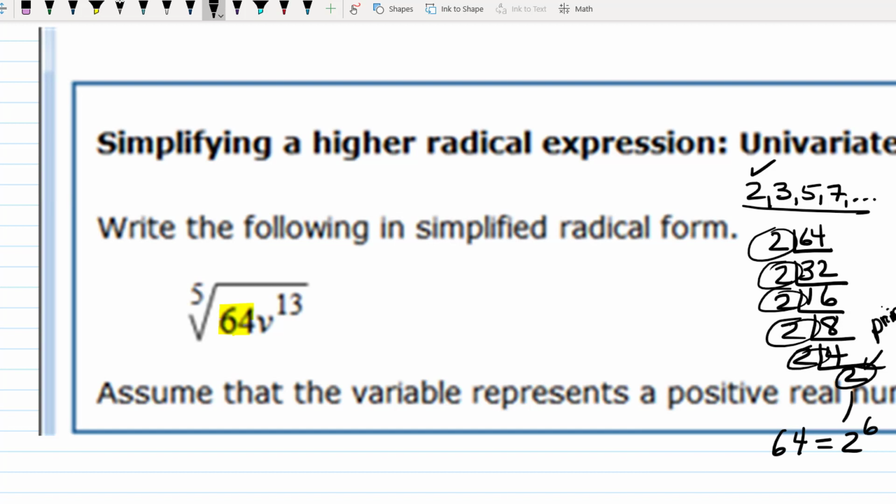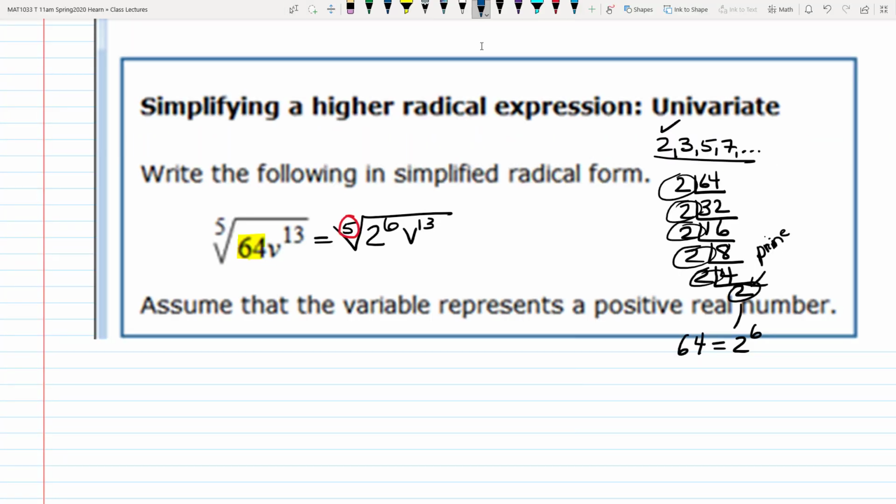So inside my radical, I'm going to replace the 64 with 2 to the 6th, and then we have v to the 13th. Now we want to be thinking about powers that 5 will go into evenly, in other words, multiples of 5: 5, 10, 15, and so on. Here we have 2 to the 6th. 6 cannot be divided by 5, but 6 is bigger than 5.